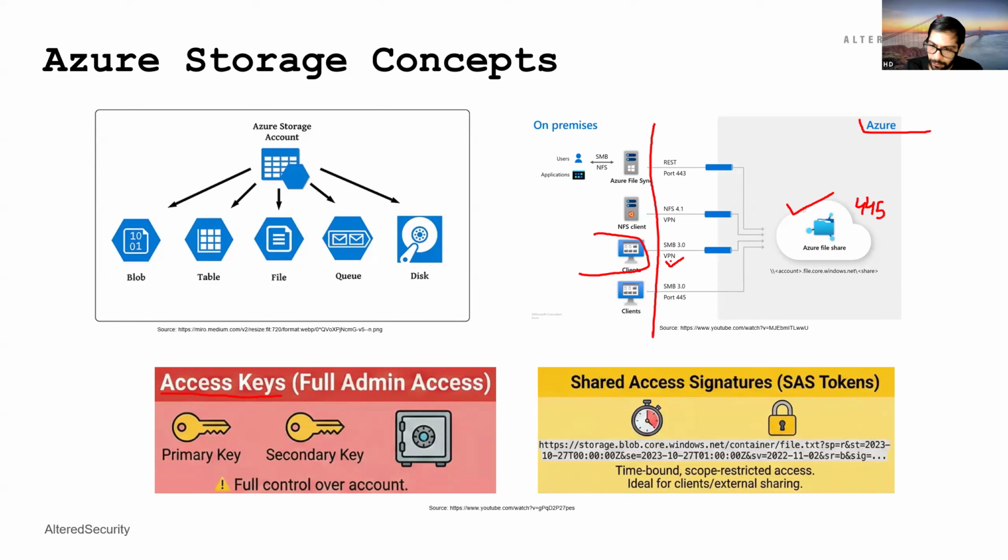If I want to access it and have connectivity via 445, then using the storage account access key, I'm not talking about SaaS in general, I'm talking about the storage account access key, any access towards the file share is allowed, and that is how the cloud is designed. I hope I'm able to answer your query.